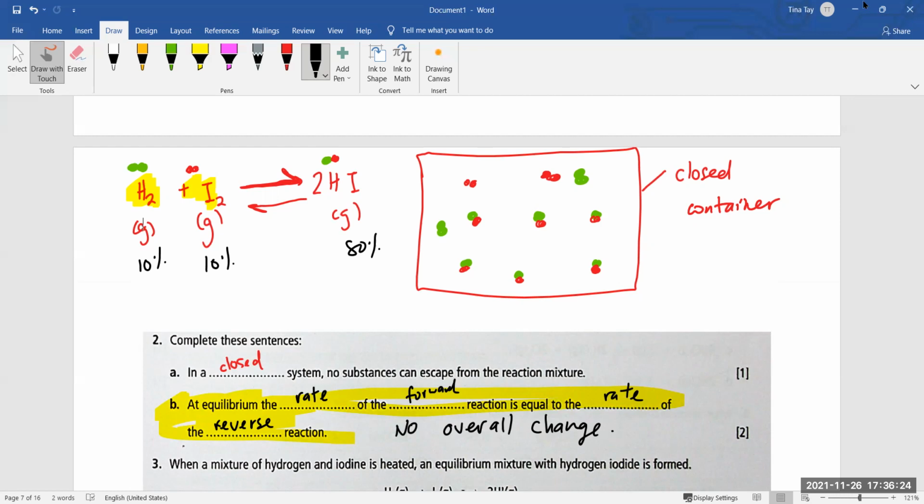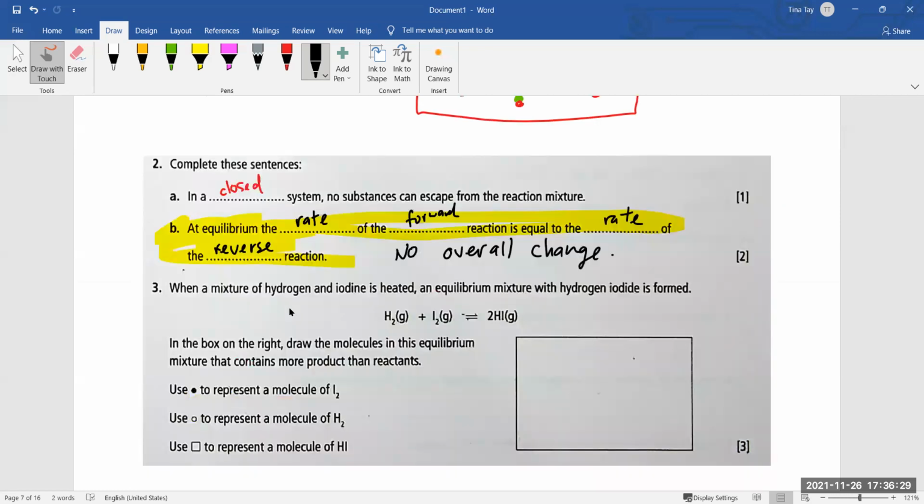All right, now, when a mixture of hydrogen and iodine is heated in equilibrium, hydrogen iodide is formed. So you're supposed to draw a diagram where there is more products than reactants.